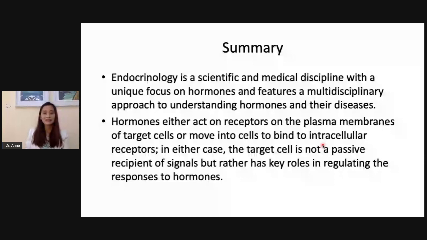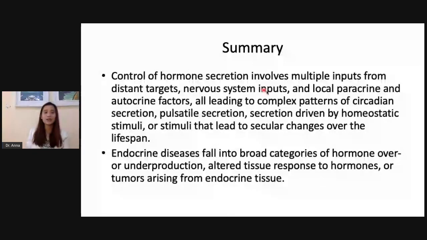In either case, the cell is not a passive recipient of signals, but rather has key roles in regulating the responses to hormones.